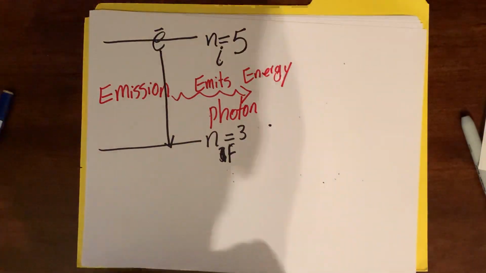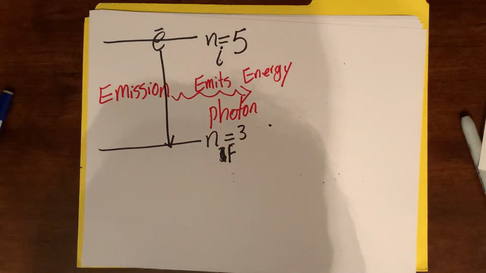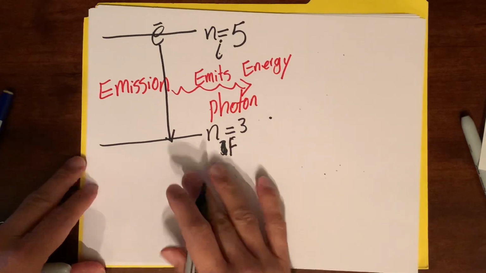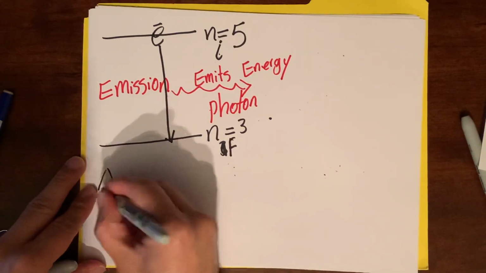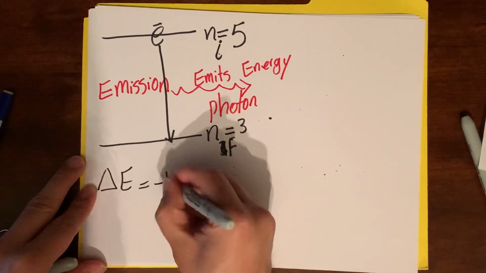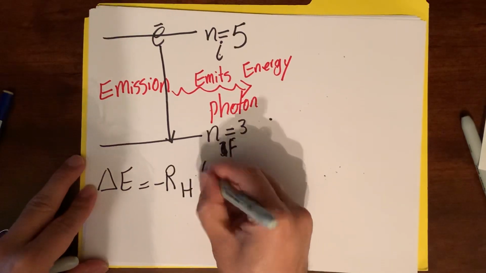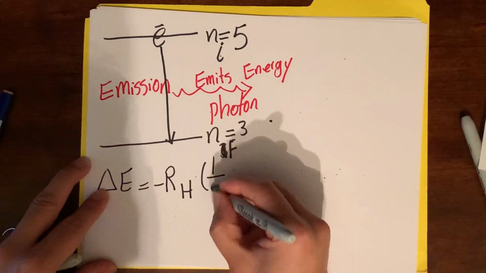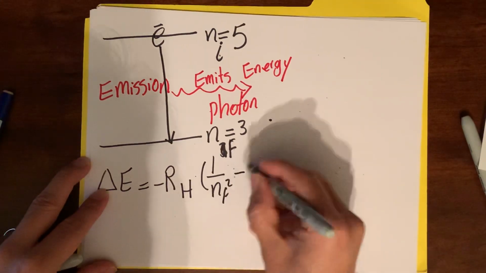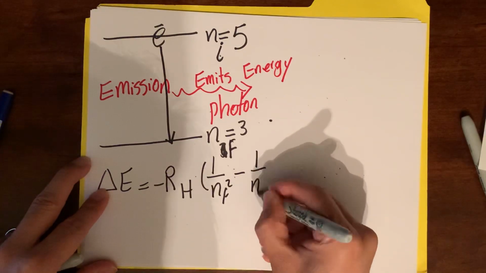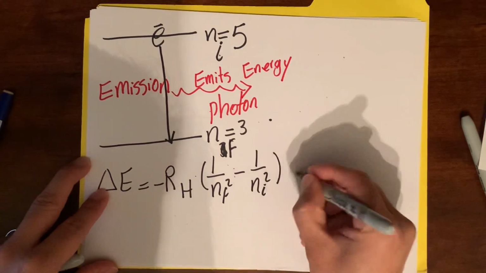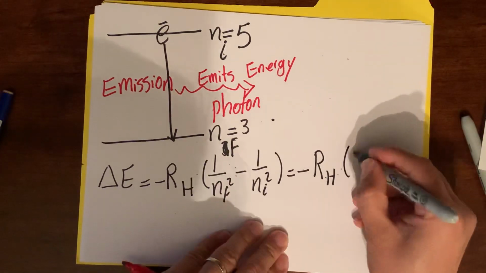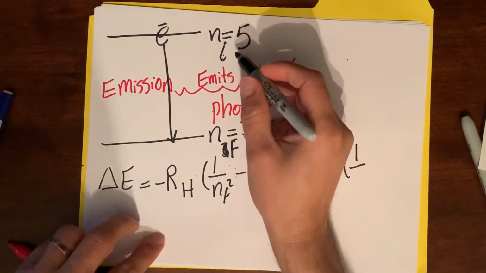I want to calculate the energy of those photons, how much energy I'm shooting out. I go with delta E equal to minus R_H multiplied by 1 over final n squared minus 1 over initial n squared. The initial n, in this case, is going to be 5.